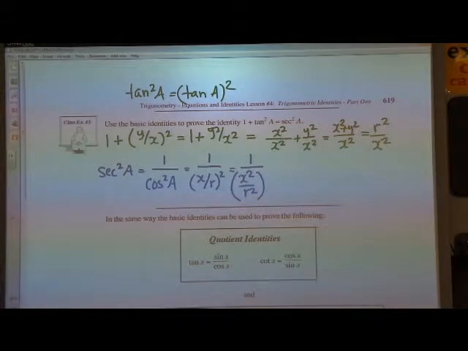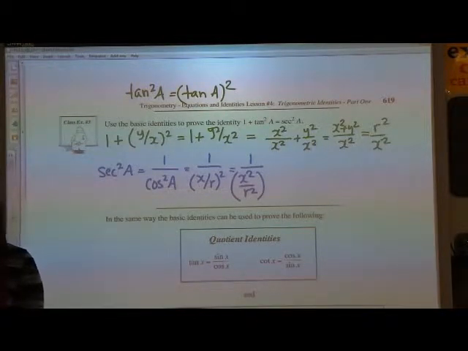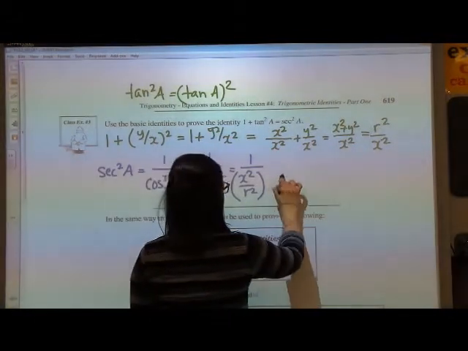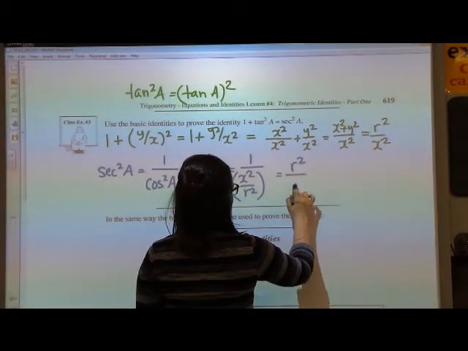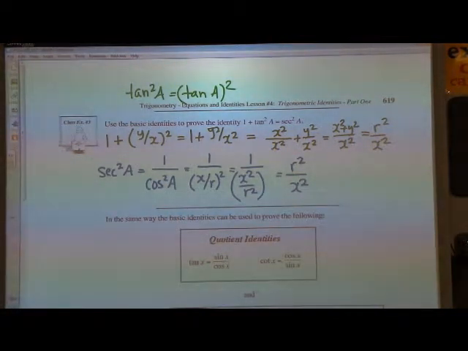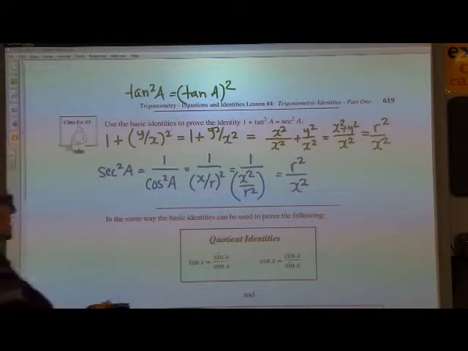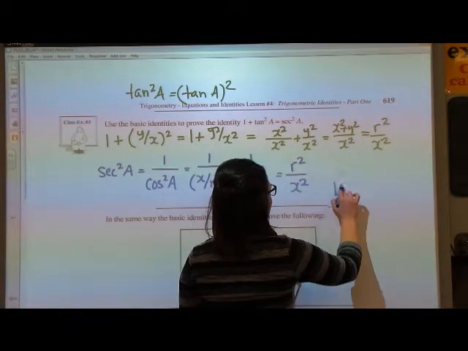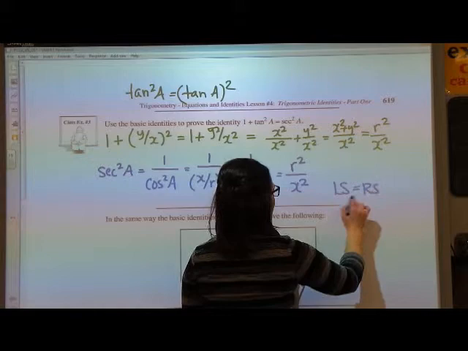And 1 divided by x squared over r squared gives r squared over x squared. Have I shown that the left side is equal to the right side? Yes, I have.